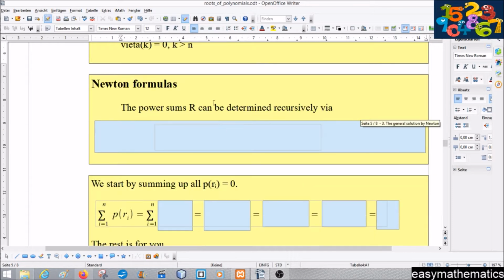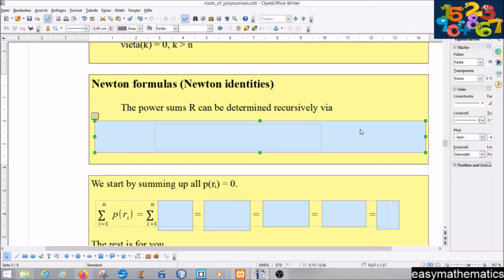The Newton formulas are also sometimes called the Newton identities. And the power sums R, capital R, can be determined recursively. This is what Newton found.